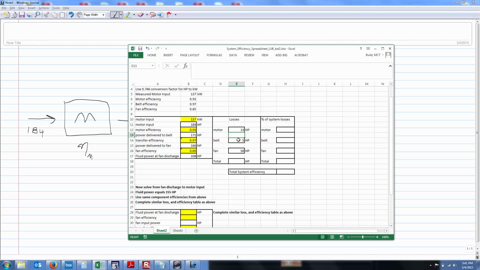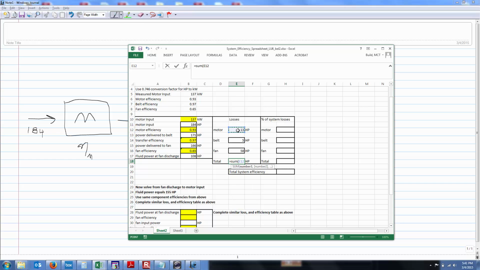If I double click this, even though I never typed any of these characters out, I can see that E14 is B13 minus B15, very cool. And then if I double click here, I can see that this is the cell E16, B15 minus B17.